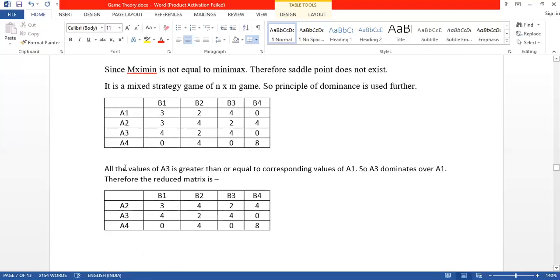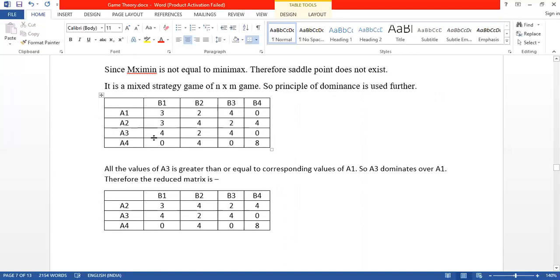See, we found all the values of A3 are greater than or equal to the corresponding values of A1. A3 is 4, 2, 4, 0. Let us compare A3 and A1. 4 is greater than 3. 2 is equal to 2, 4 equals 4, 0 equals 0.